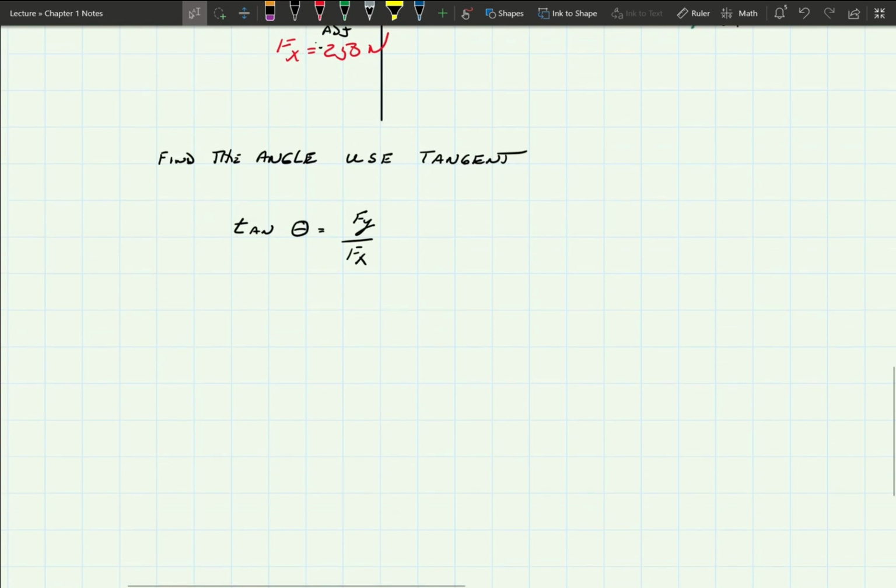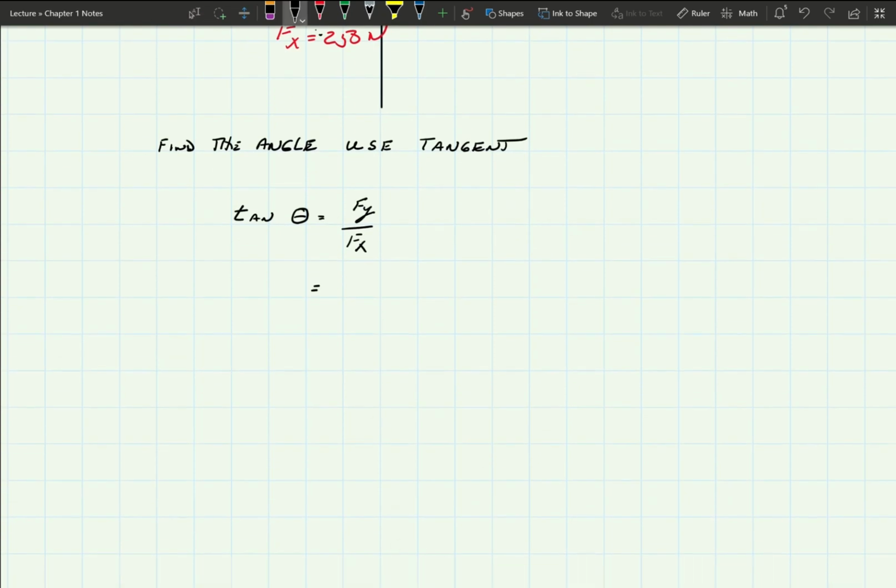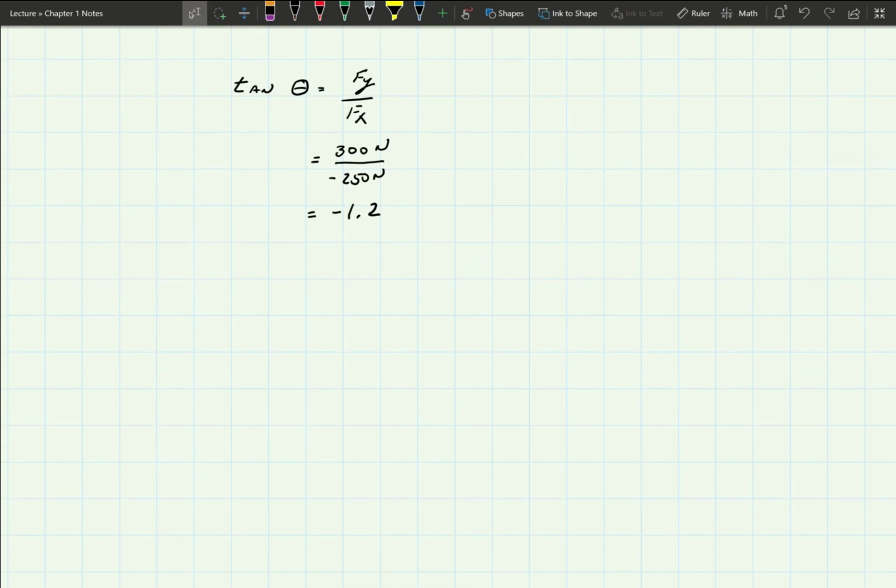Now, the interesting part about this, and I will do my math vertically instead of horizontally, we are 300 newtons over the 250 newtons. Okay, and that's going to give us an answer of negative 1.2. And literally, theta is equal to arctangent of 1.2, or 50.19.